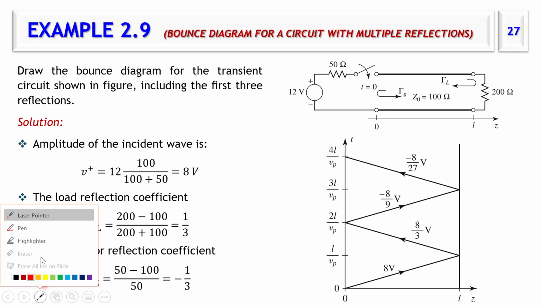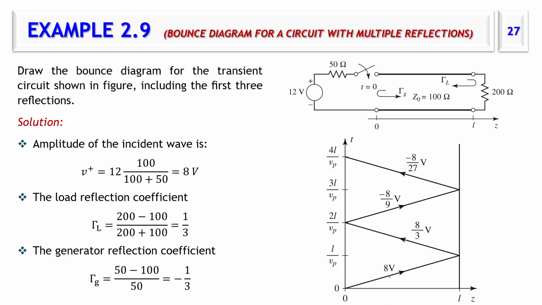So if we want to draw the transient of the potential at this point here, it will look like this.